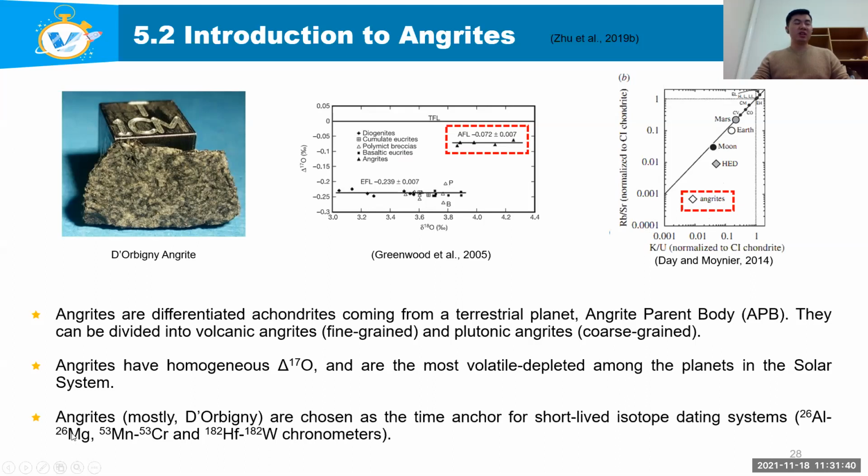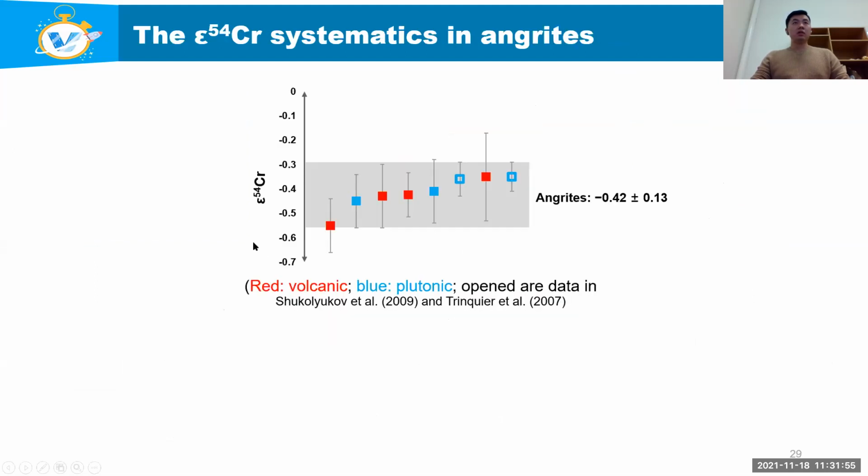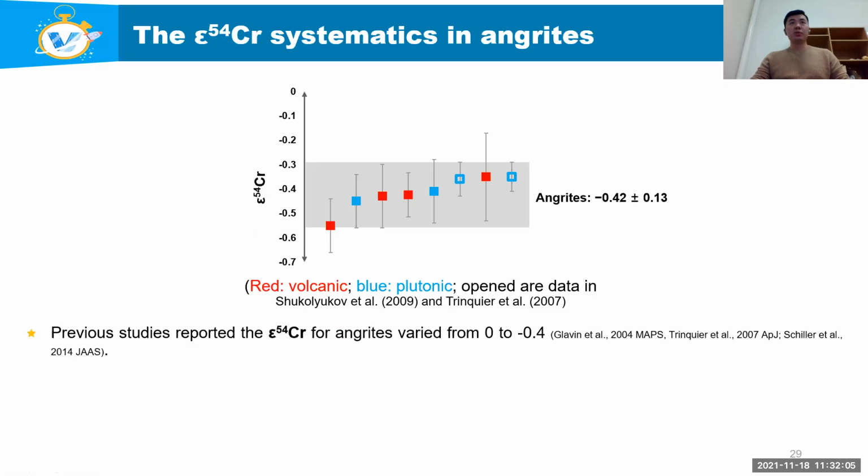Also, the significance of Angrites is that they are chosen as the time anchor for the short-lived isotope dating systems like aluminum-magnesium, manganese-chromium, and hafnium-tungsten chronometers. This figure shows the epsilon 54 chromium systematics for Angrites, and all the Angrites have homogeneous epsilon 54 chromium values.